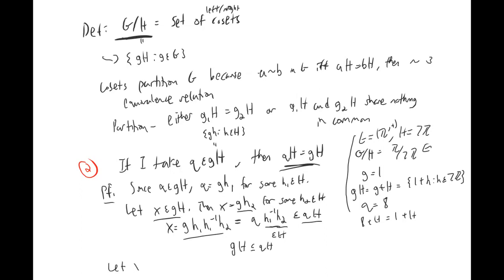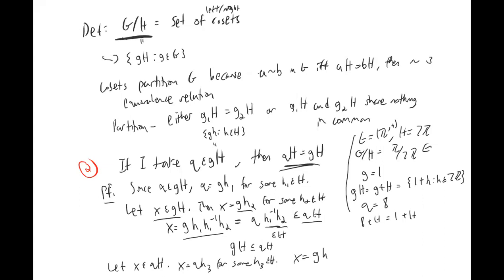So now we show the other way. Now this one's easy because if X is in QH, X is QH1 for some H1 in H, then what is Q? Q is GH1. Let's use H3.